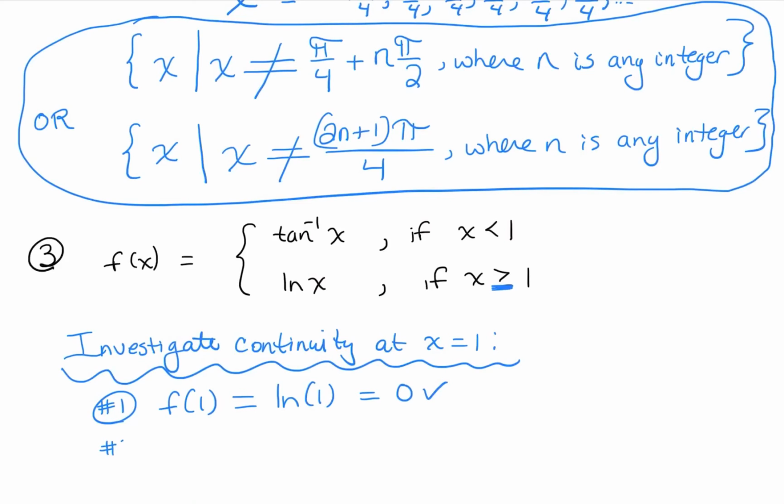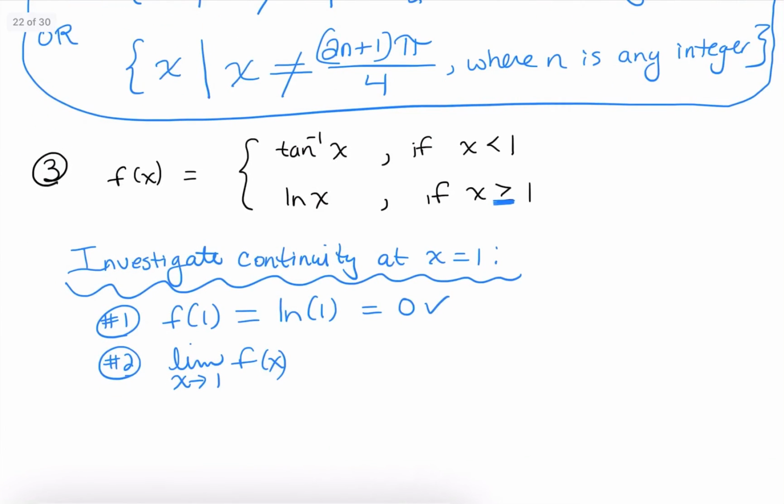Step number 2 is looking at our limit as x approaches 1. Now, because we have a cutoff point of a piecewise function, this is where we have to know to look at the limit from both sides. So the limit as x approaches 1 from the left, that means we're coming in from values less than 1.